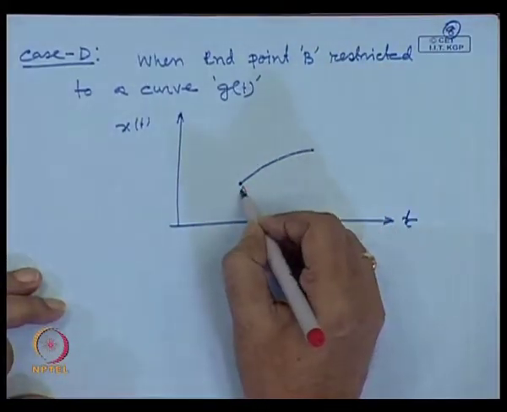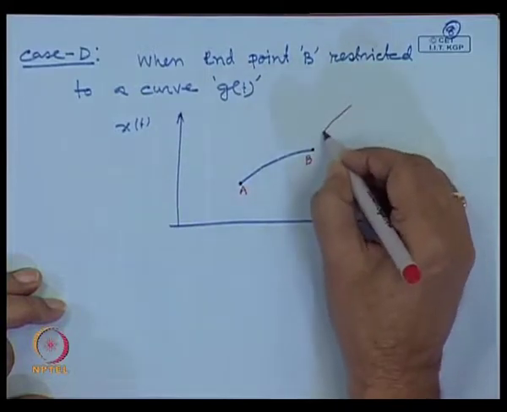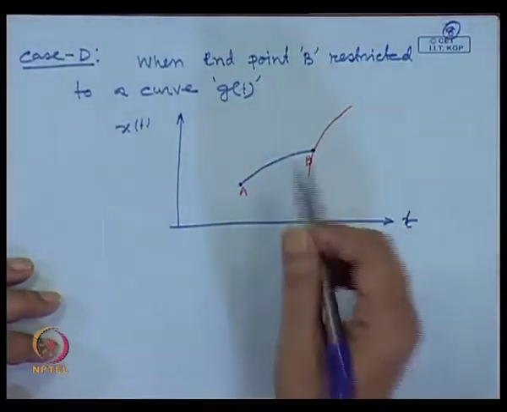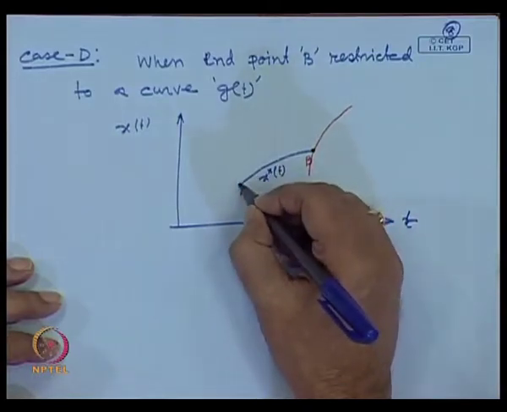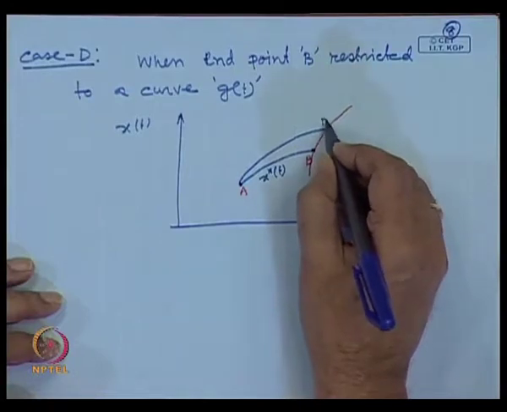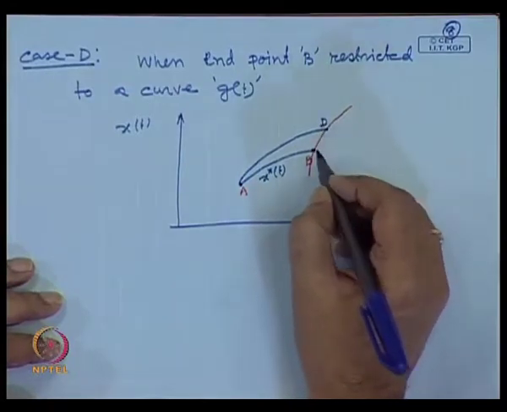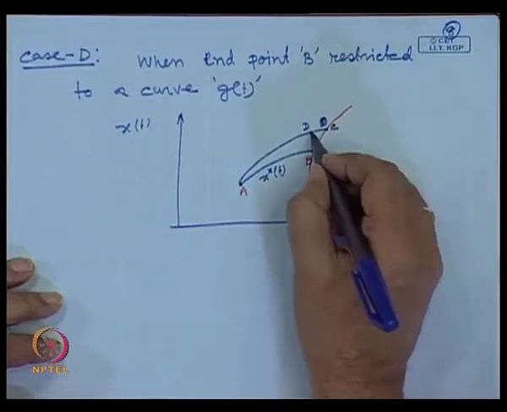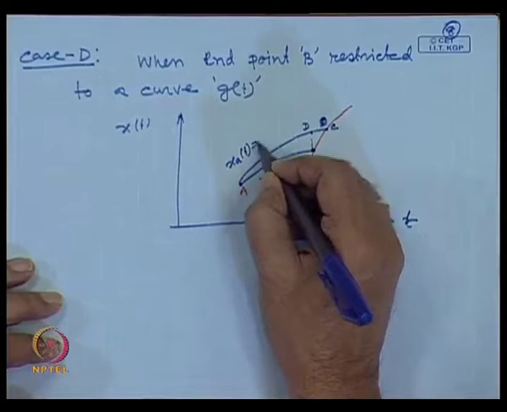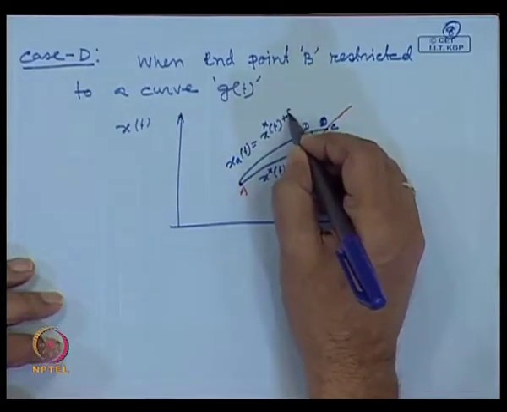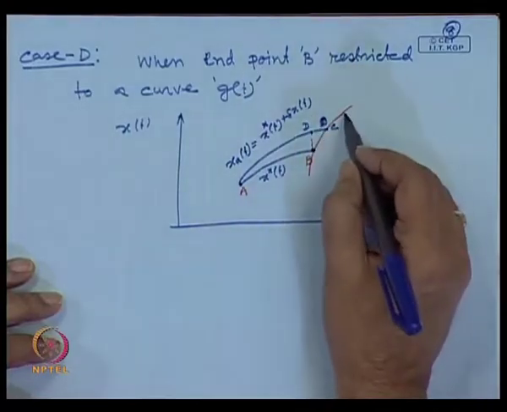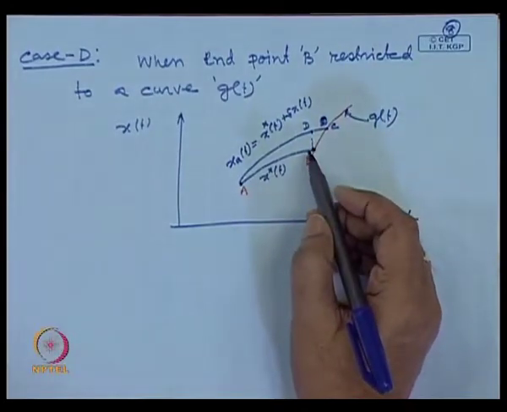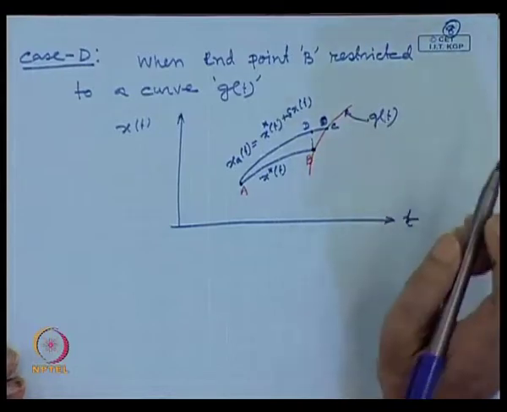The end point B is restricted to this curve. In the neighborhood of this optimal trajectory, we assume another trajectory, x of t equal to x star of t plus delta x of t, corresponding to point D, and this is point C. The end point of the trajectory is restricted on a curve which is a function of time.